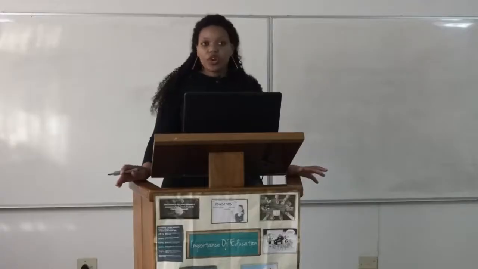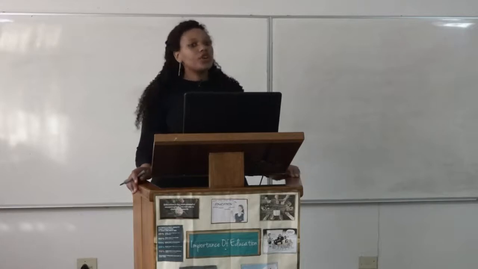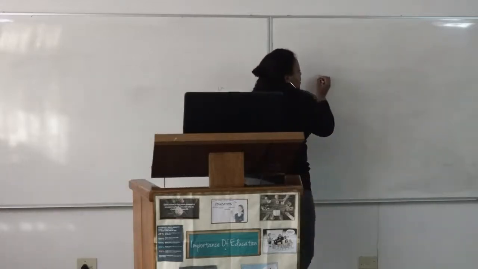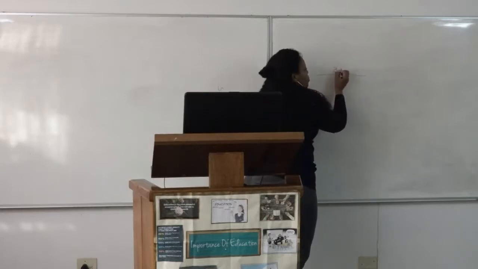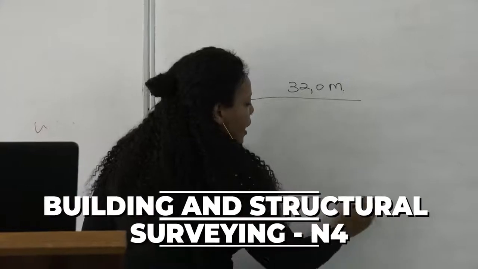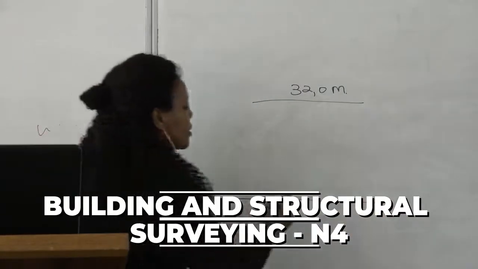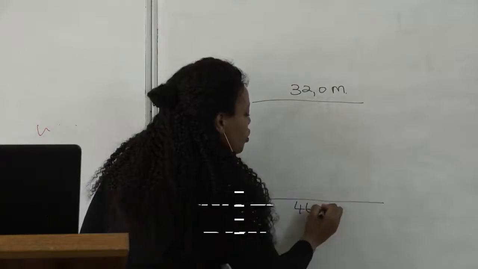Again, you need to draw the freehand sketch of your trapezium. You are told that you have the short side, which is 32,0 meters, as well as the long side, which is 46,0 meters.